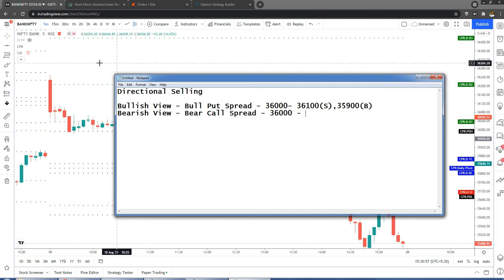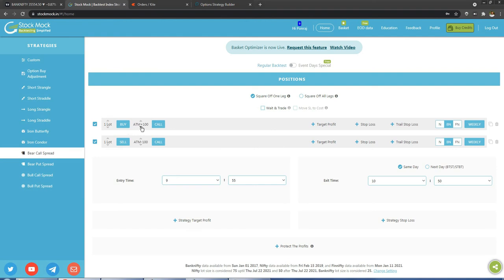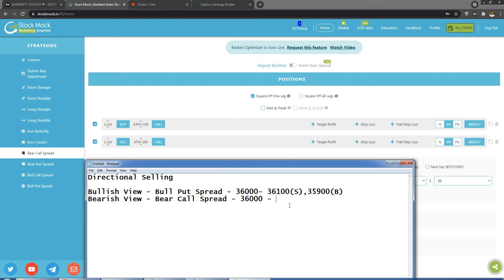In the bear call spread, plus 100, that is 36,100, I'm going to buy this. Minus 100 would be 35,900, I'm going to sell this call.